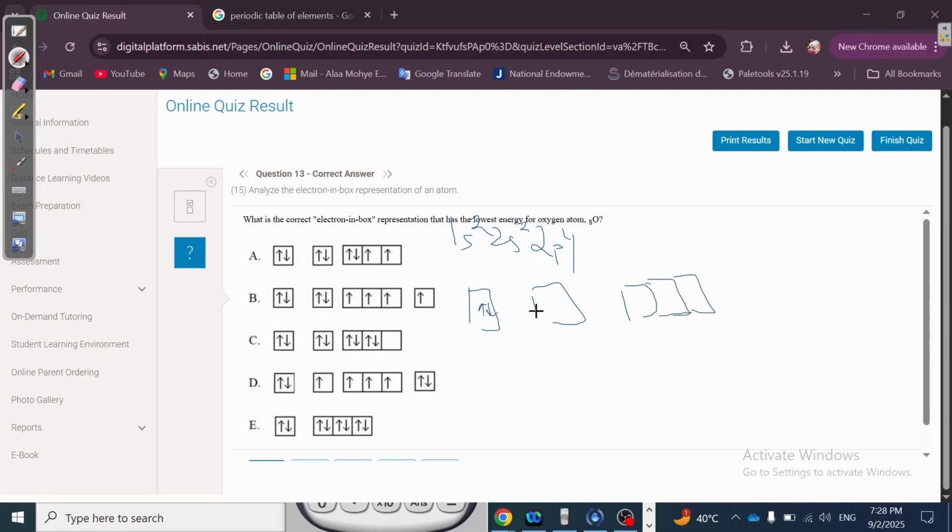So obviously up, down, up, down, and then up, down, up. We see empty. And as I told you, for lowest energy you always need to take one of these electrons and place it here. As you can see, they took the electron that was here and placed it here.